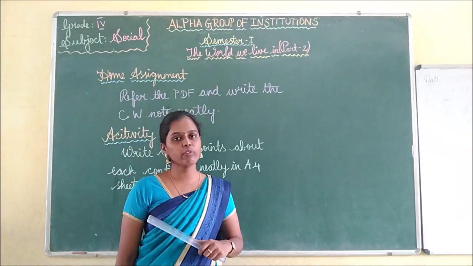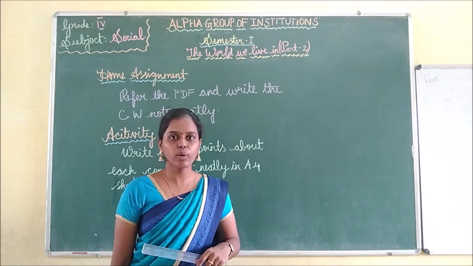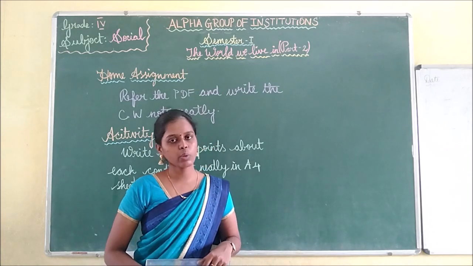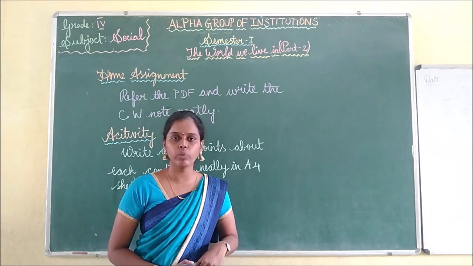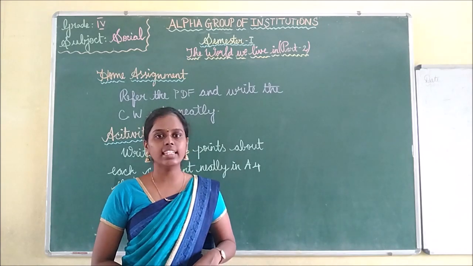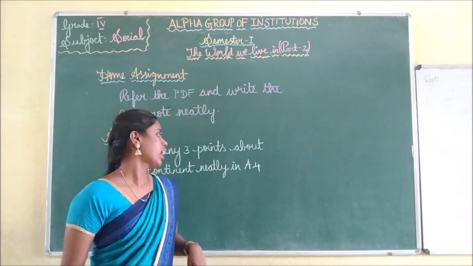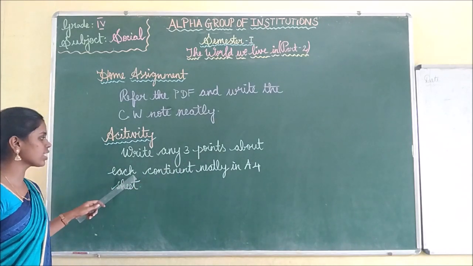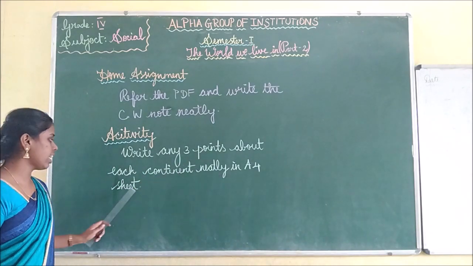In the last class you got the exercises, book exercises, and in today's class you will be getting question and answers. You have to write those question and answers in your social classwork note, neatly and clearly. And then your activity is to write down 3 points about each continent neatly on an A4 sheet.